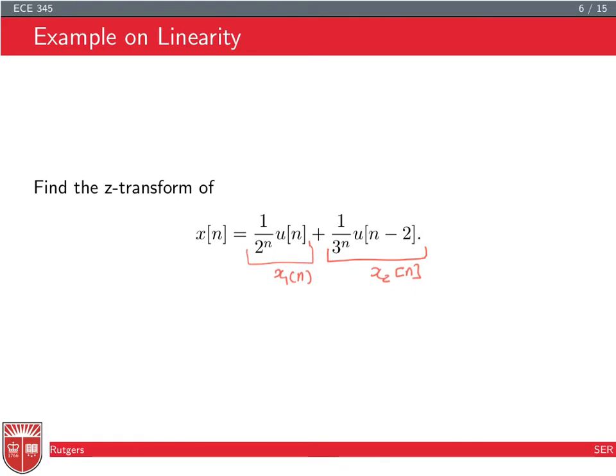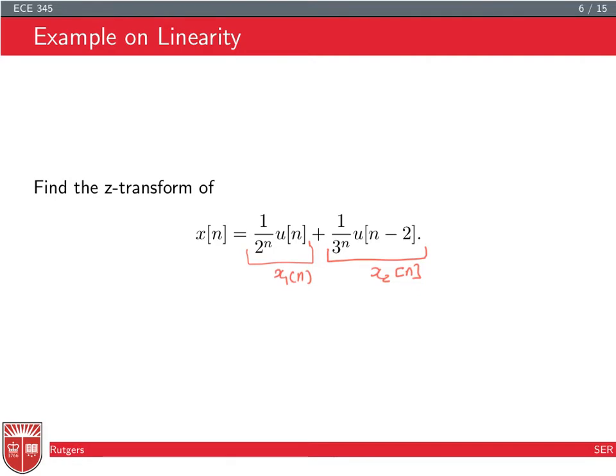I can find X of z either by considering this signal as a whole, or it may be a little easier to use the linearity of the Z-transform, leveraging the fact that this signal is the sum of two signals and working out the Z-transform of each signal separately.